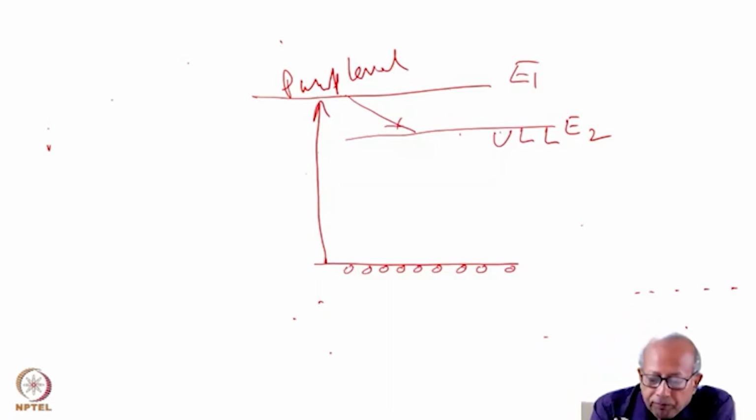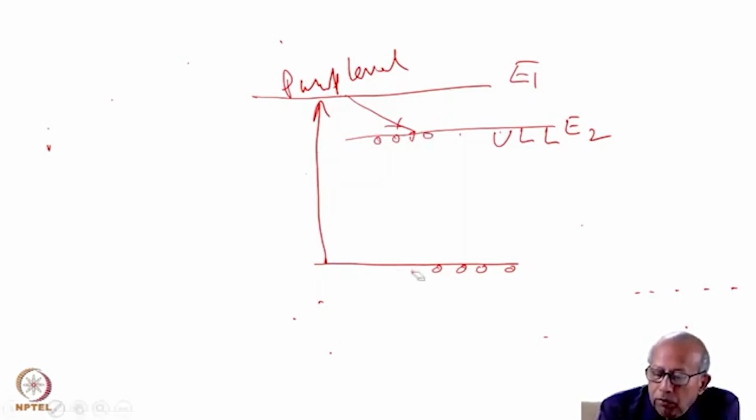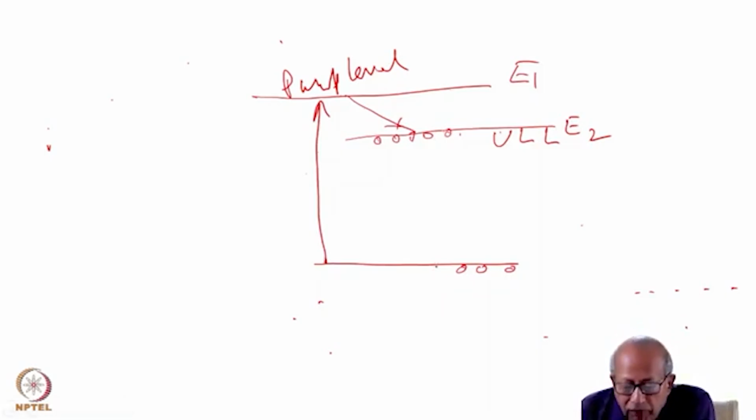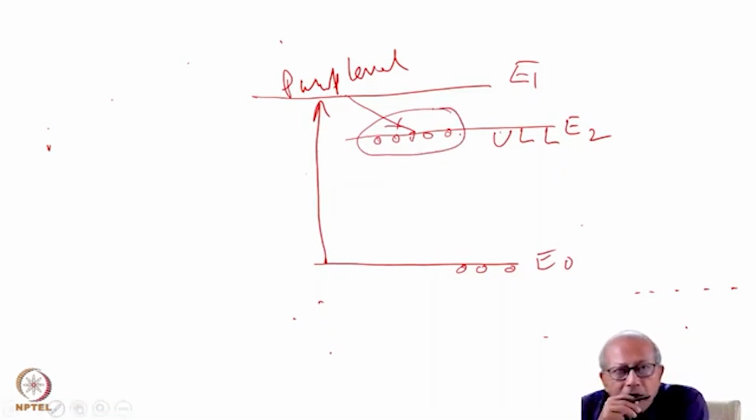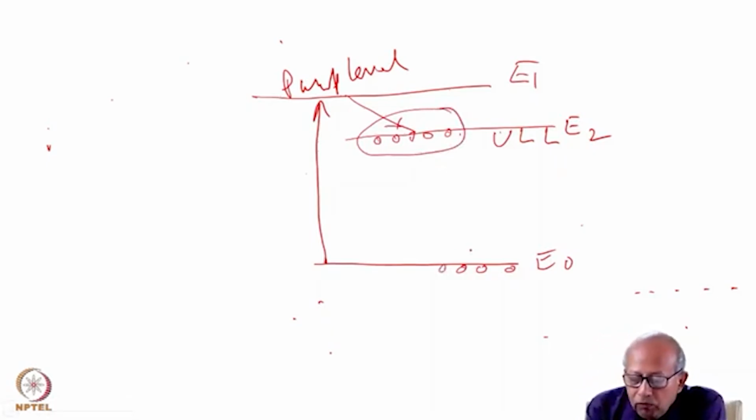Now, as we begin pumping, we start transferring population from this level to the upper lasing level. So 3, 4, 5. See, the moment we have transferred 5 atoms from the lower level to the upper level, the upper level now has 5 atoms, and the lower level has 4 atoms.